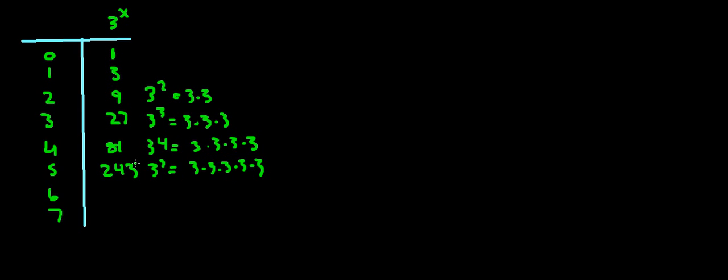So now let's look at the pattern that's emerged from this. You can see we started with 1, then we've tripled to 3, then we triple again, we go to 9, then we triple again, then we go to 27, then we triple again, and we go to 81, then we triple again and go to 243. And then if we multiplied this by 3, that'd be 729.